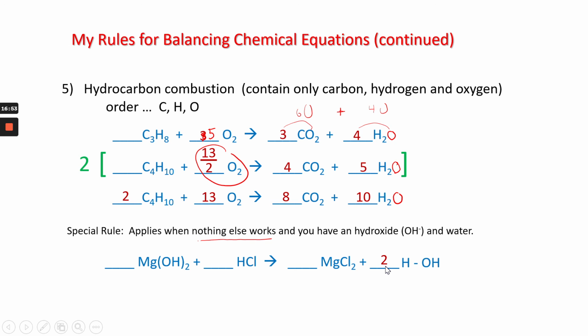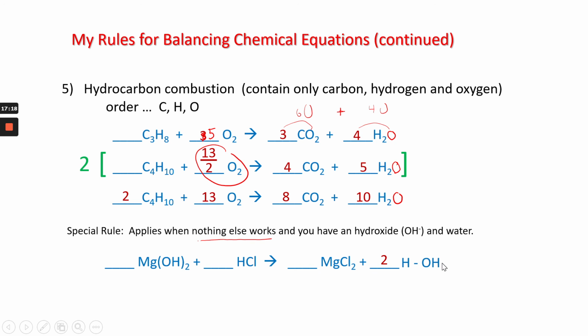Now, let's see where this has taken me. On the reactant side, I have one magnesium. On the product side, one magnesium. On the reactant side, 2 oxygens, because that 2 goes for whatever's before it, 2 oxygens. And over here, I have 2 oxygens on the product side. I have 2 hydrogens here, plus 1 is 3.